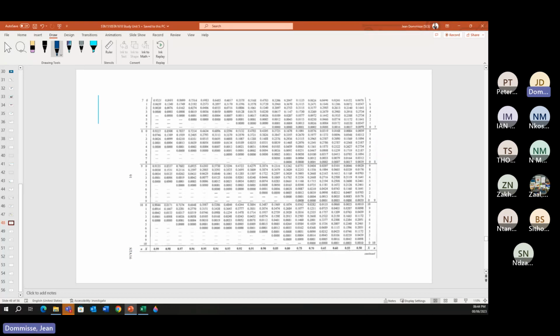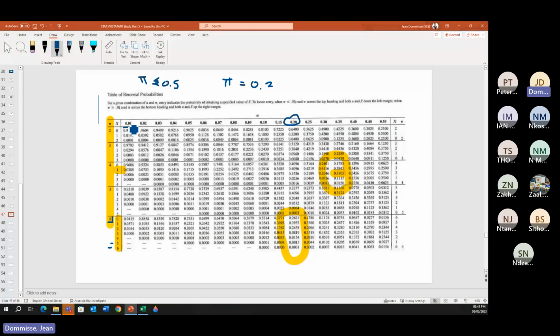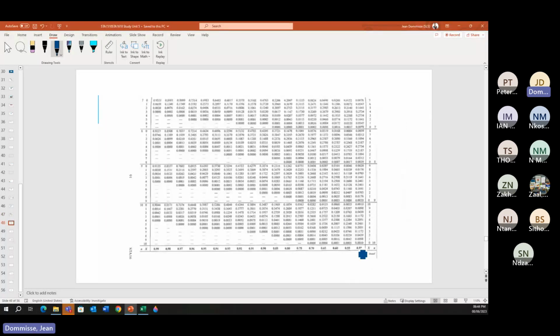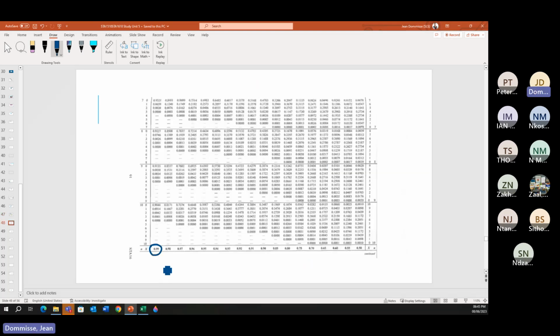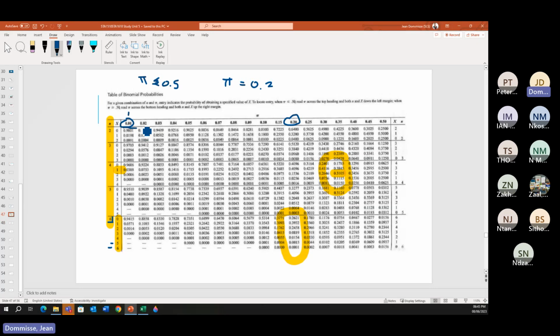So it starts at 0.01, goes to 0.5. At the bottom it's 0.5 and it goes to 0.99. So again, if you look at that and you add the two together, you will get 1. If you look at the 0.98, 0.02, if you add the two together, you get 1.